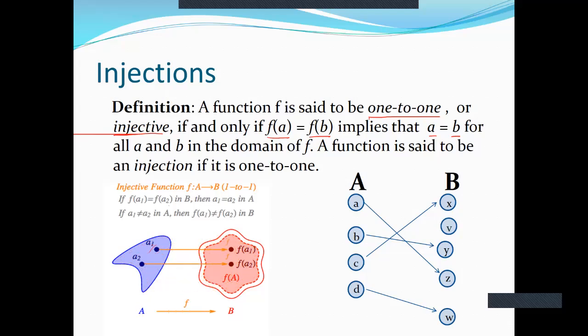But it is not allowed that Y is mapped by multiple elements. For example, if this is the scenario, Y has two pre-images, one is B, another one is C. So this is not allowed. If this is the scenario, then this is not a one-to-one function. If all the images have a single pre-image, all the image elements are mapped with only one element, then we call it the one-to-one function or the injective function.